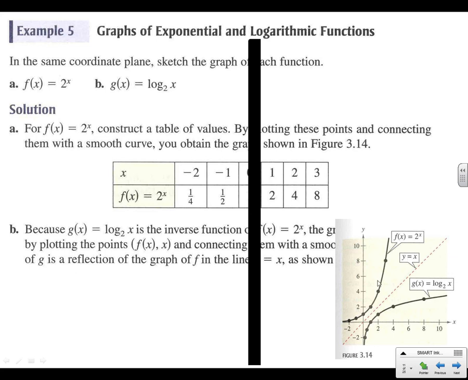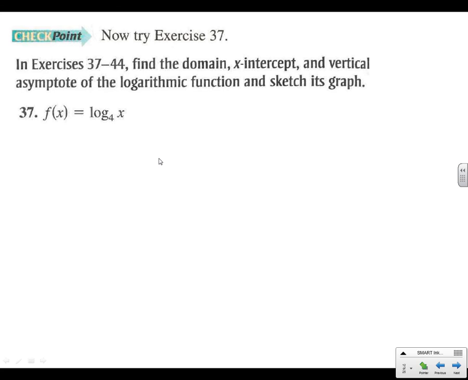So on this one, 2 to the 0 power is 1, okay? And on here, 2 to what power gives me 1, right? So that's going to be 0. 2 to the 0 power gives you 1, so they're just reciprocals of each other. All right, so see if you can use what we just thought there to find the domain, the x-intercept, and our vertical asymptote of this right here, and then graph it.